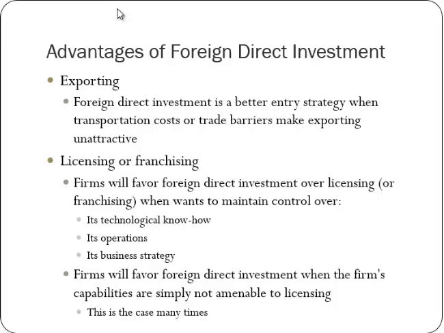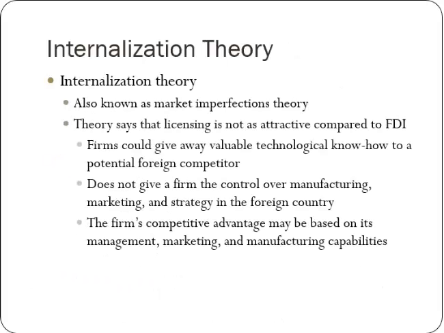Licensing or franchising would be someone else does it, but I sell them the right to use my name and use my ingredients, use my recipes in exchange for some sort of a fee or a royalty. So if I want more control over the business, then I would choose foreign direct investment over something like licensing or franchising.